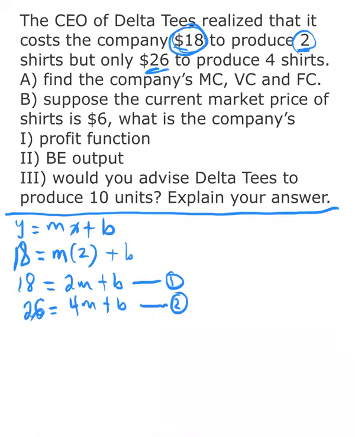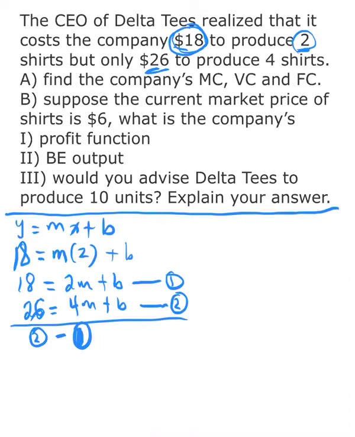One way to solve this is to simply subtract equation 1 from equation 2. You are going to subtract the like terms.